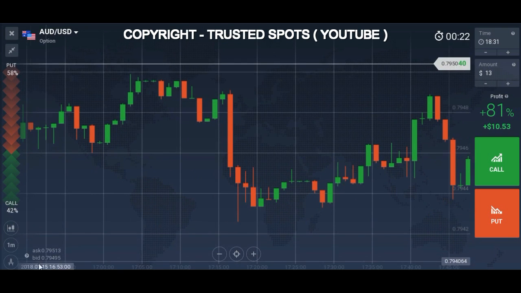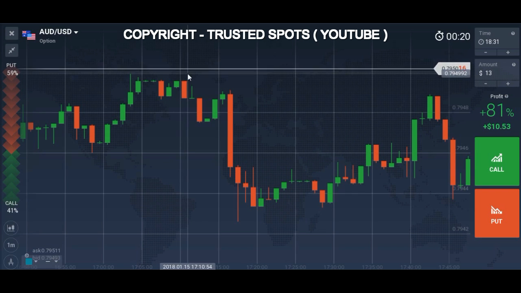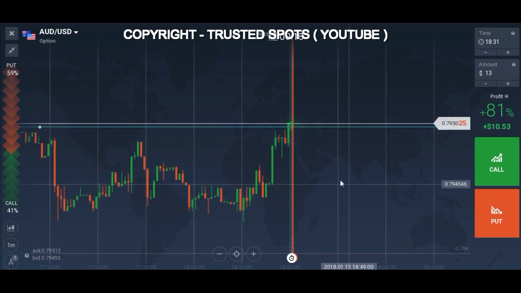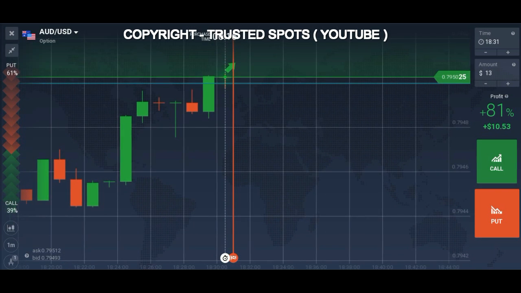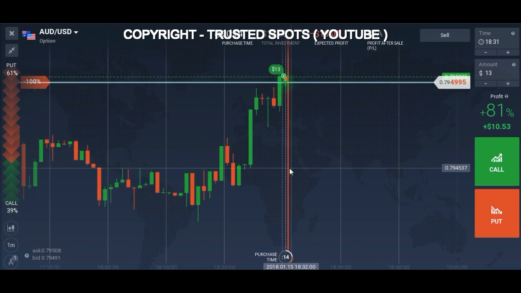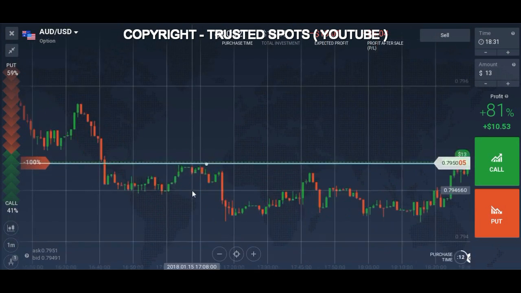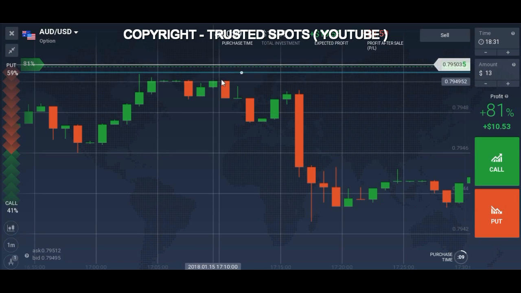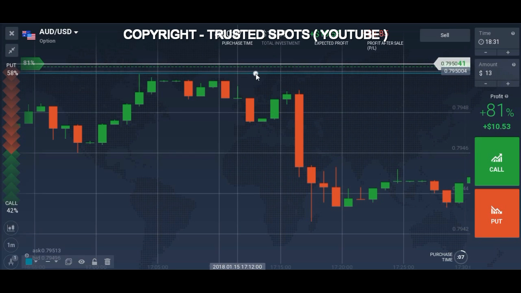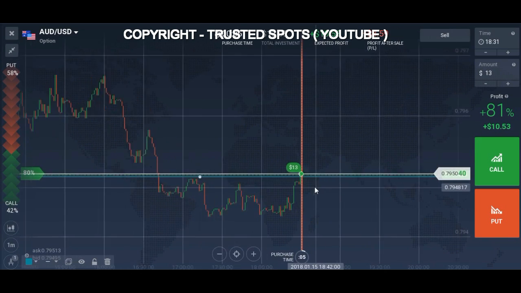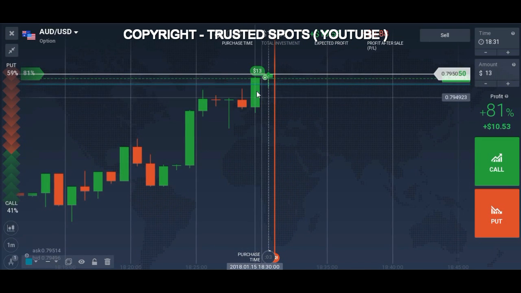Now we have a trading opportunity. Let me see. Yes, we have the rejection. I will place a call. Why I place the call is simple, because this was a strong extreme level, and this candle crossed it.